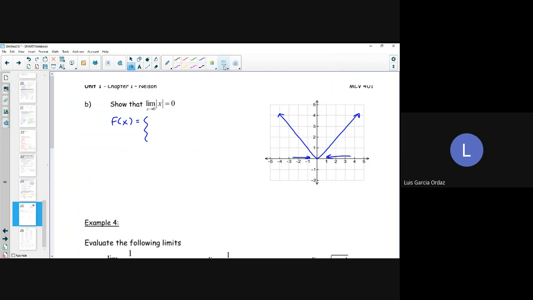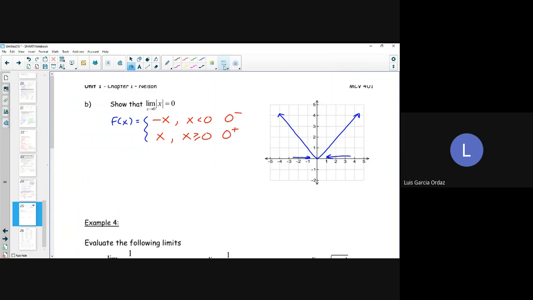Thank you. x and negative x. So it can be written as negative x, where x is less than 0, which means that we can evaluate our limit from 0 to the left. And then we have x, where x is greater than or equal to 0. And these are x's, and we can approach 0 from the right.